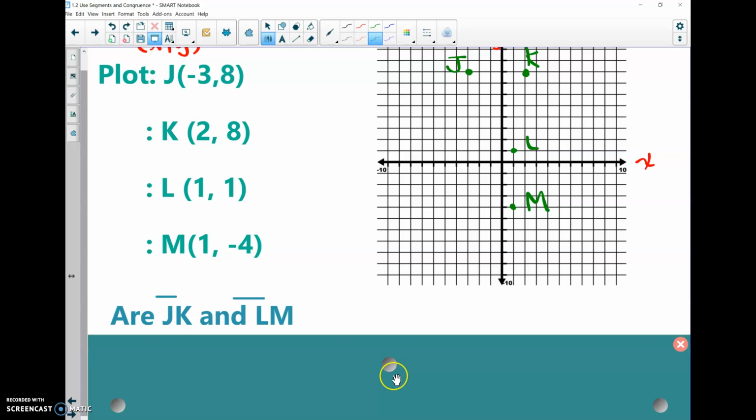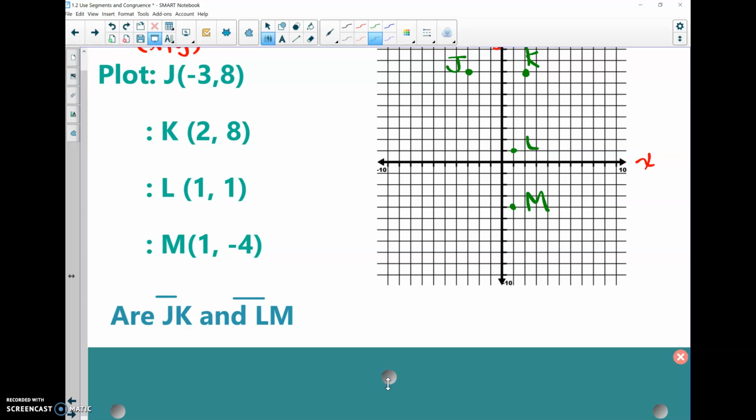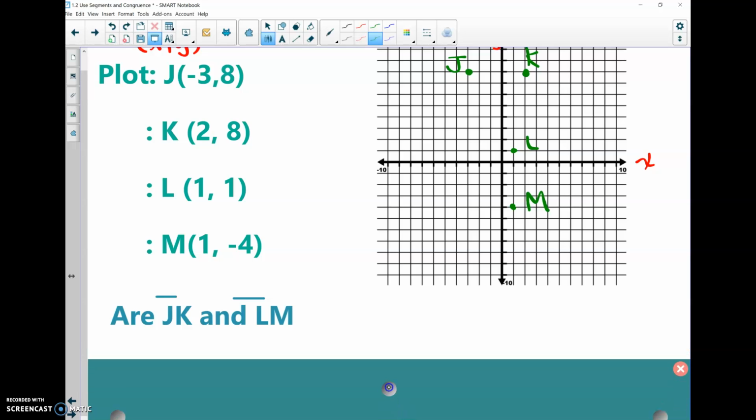Now let's take a look. Are JK and LM congruent? Well, let's take a look. J and K right here. JK, that is 1, 2, 3, 4, 5 units away from each other.